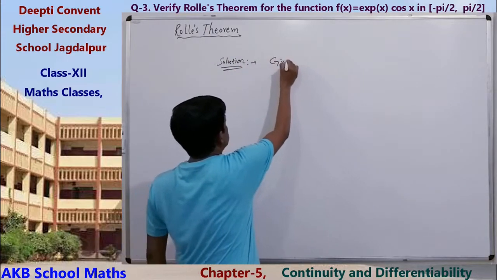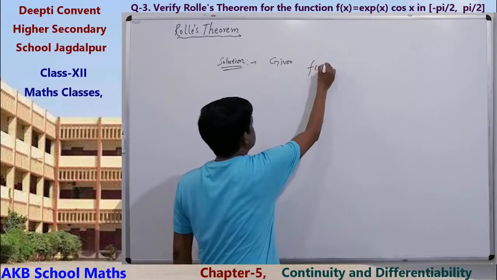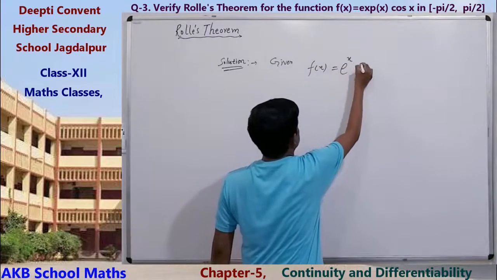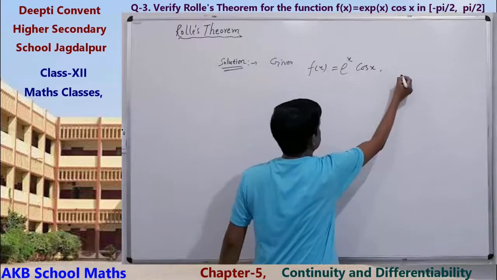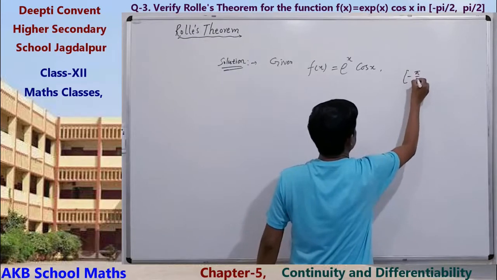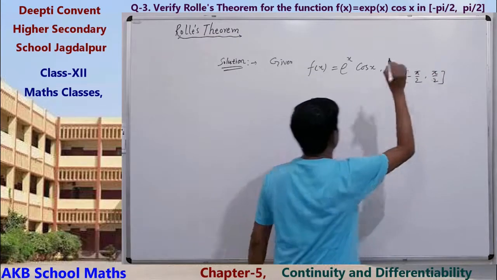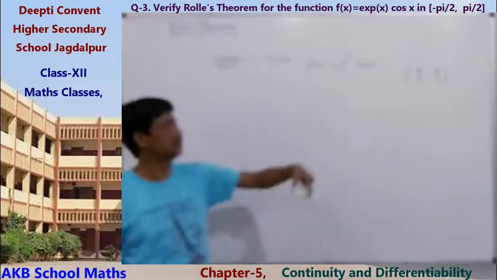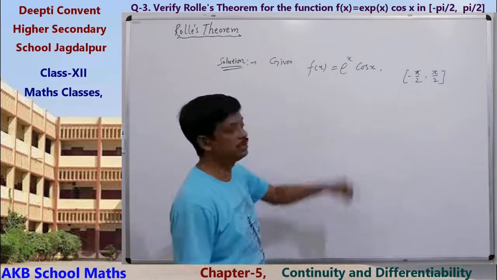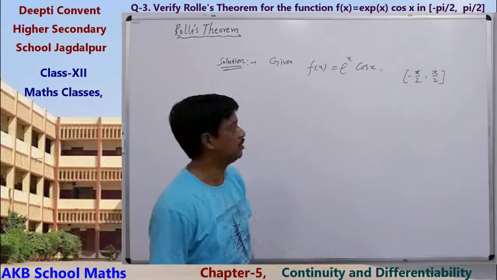Given f(x) equals e to the power x cos x, and the interval is minus pi by 2 to pi by 2. Clear? Function is this, interval is this. We have to verify Rolle's theorem for this function.